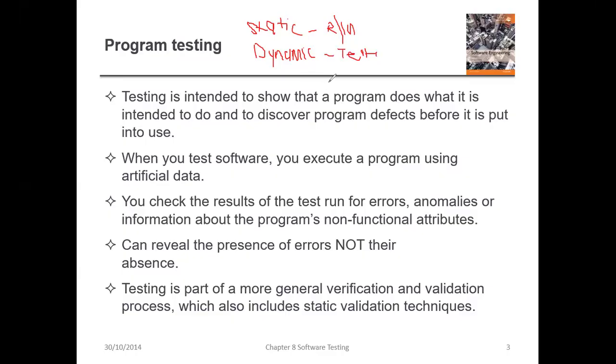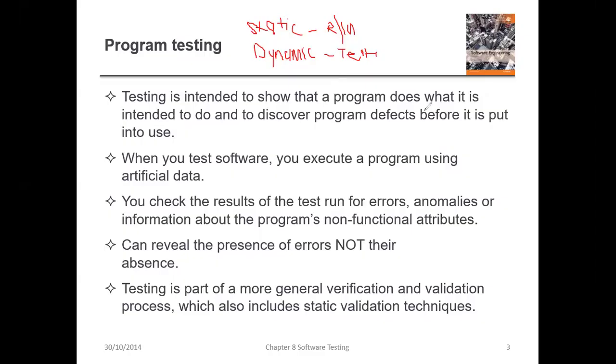It's dynamic because when we're performing testing, we have to run the system, give it inputs, and observe the output to see if the system is behaving well. In other words, if the system is giving the correct output. So it's a dynamic process. However, if you're performing reviews and inspections, you don't need to run the system. As I explained earlier, you don't need to run the system to be able to discover defects and errors in the system. So reviews and inspections are static techniques, and testing is a dynamic technique.